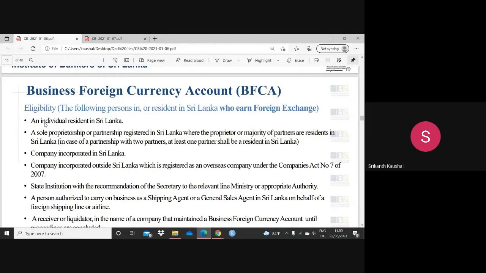When converting to 6 lakhs, he has to send the dollar amount for that. Understood? Is that clear? So could you please repeat once again, please?